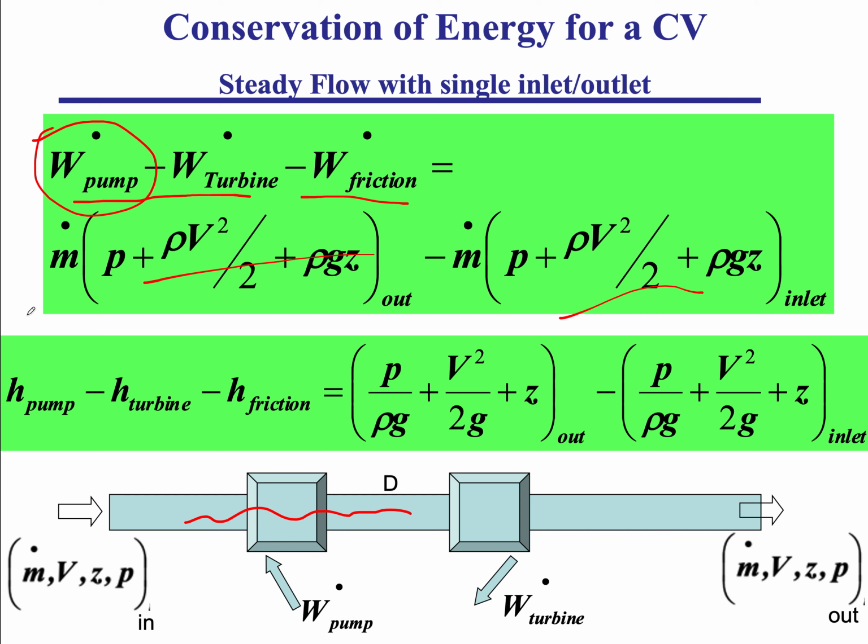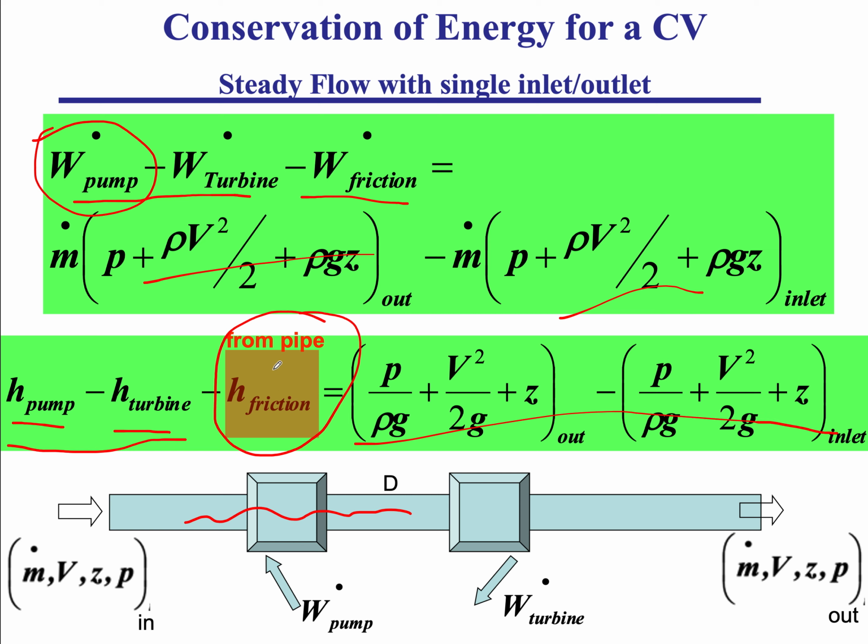We can divide by m dot g left and right, and we end up with units of head, which is meters. And here we have our friction. So this whole chapter is really about dealing with this friction type of work. So from a balancing type of energetic analysis, we can deduce the friction that the fluid has experienced as it went through the piping system.